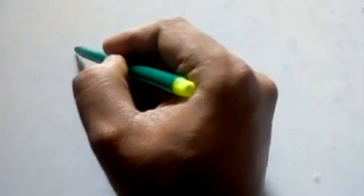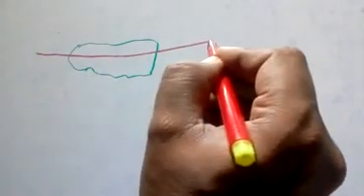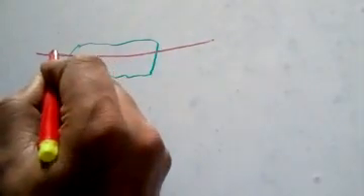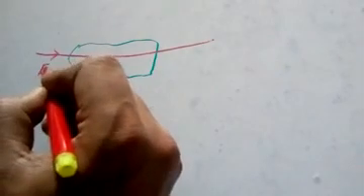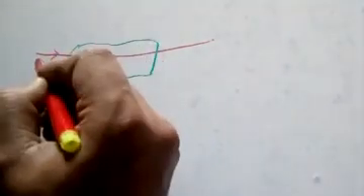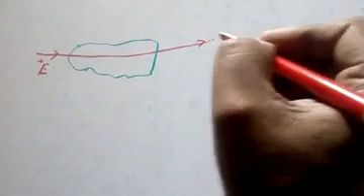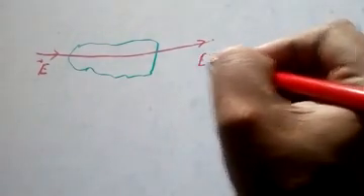Now let me draw another random surface here. An electric field line goes inside and comes out. So this is an electric field line. It goes in and comes outside. You can mark the electric field line as E vector.